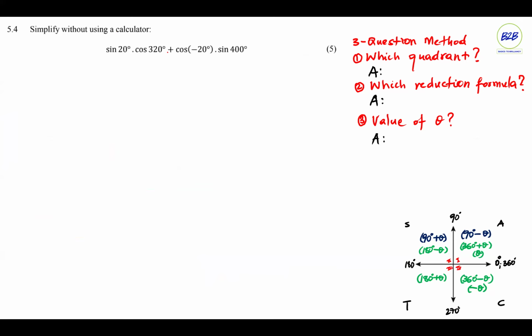All right. You have yourself there 400 degrees. Here is a hint. That angle is bigger than 360. 320 degrees, three-step method. Negative 20 degrees, theta.